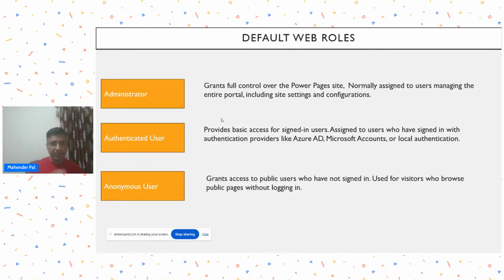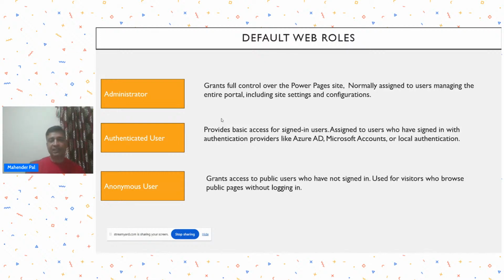Now the other two categories that I was referring to are the authenticated user and the non-authenticated user. Authenticated user means you are entering some kind of credential to be part of this Power Pages site.